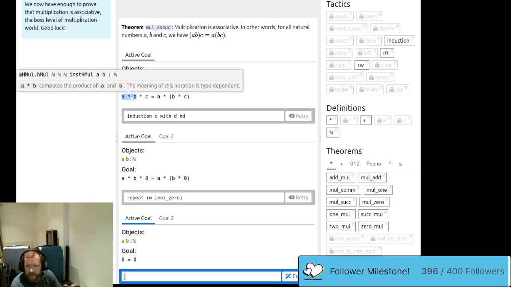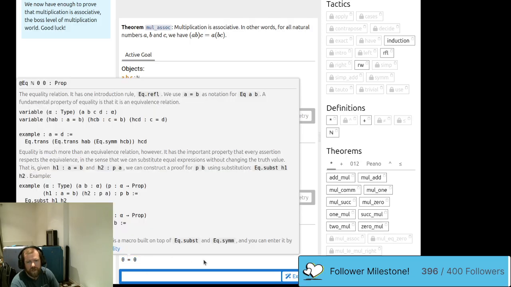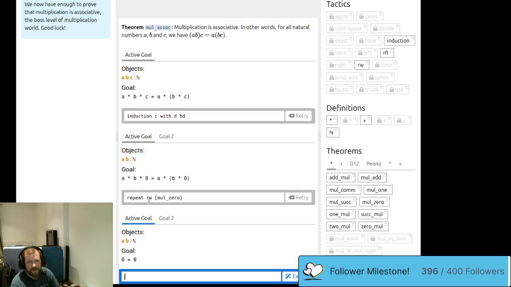Our initial goal is, if c is equal to 0, this is our initial condition, does our relationship hold?